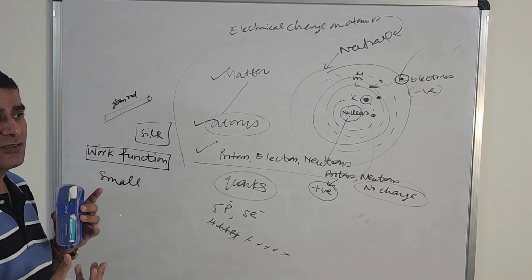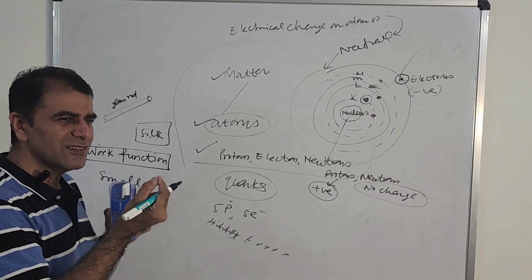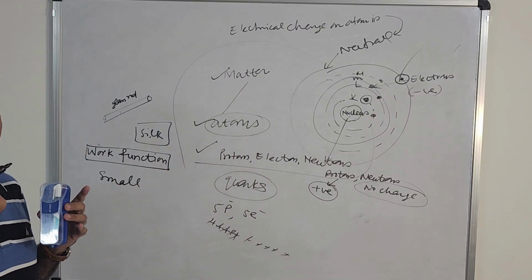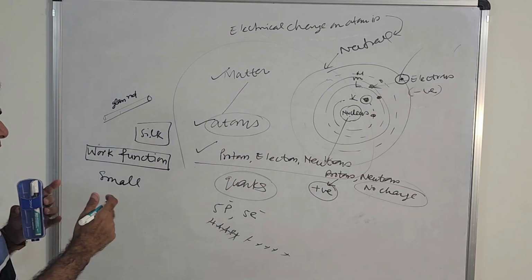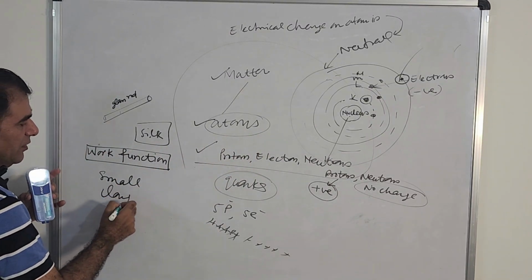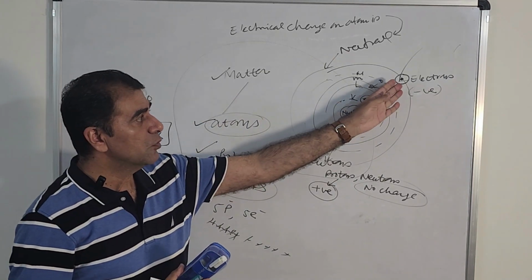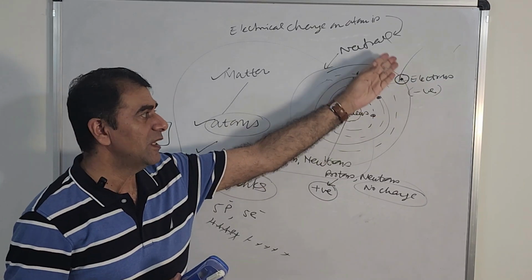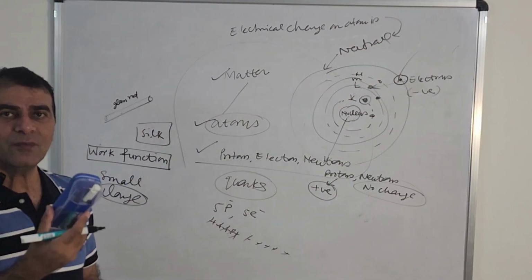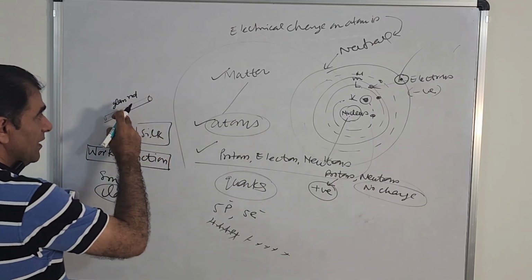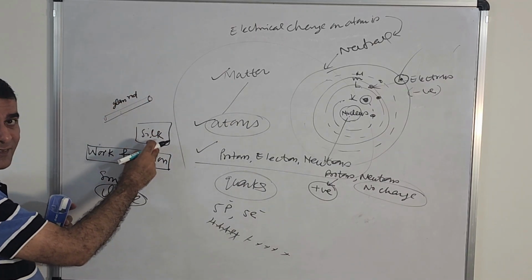If the work function is small, you have to give very little energy to pull the electrons out of the atom. And if the work function is large, you have to give much more energy to remove the electron from the surface of the matter. So when the glass rod is rubbed with silk, let us see what happens actually.